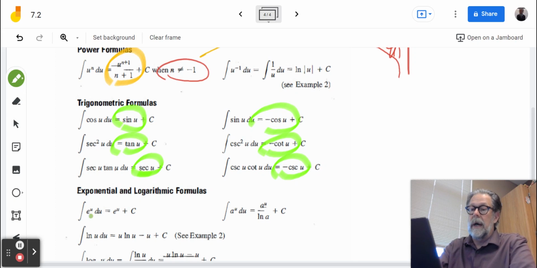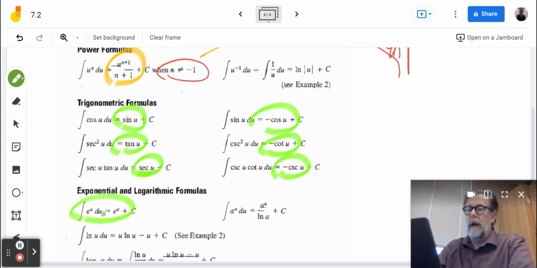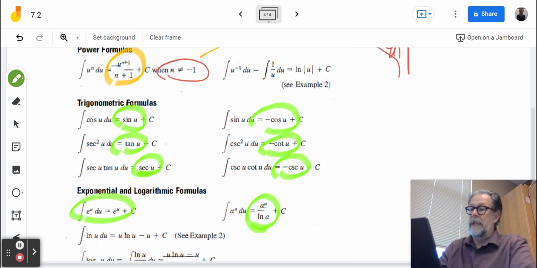So again, e to the u, the derivative is itself, so therefore the antiderivative is itself. We've got a compensating function. Remember, derivative of a to the u is natural log of a times itself, which means I need a 1 over natural log of a to compensate.